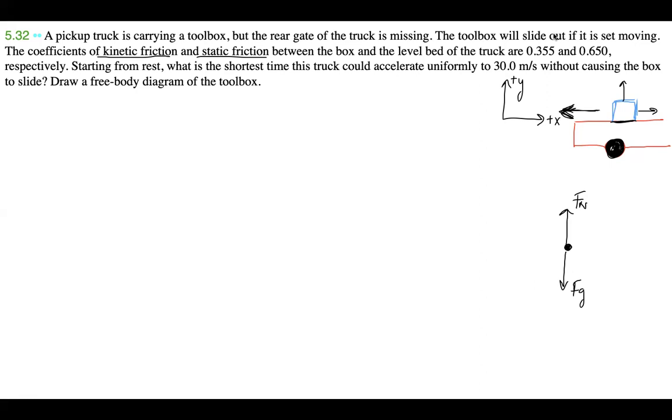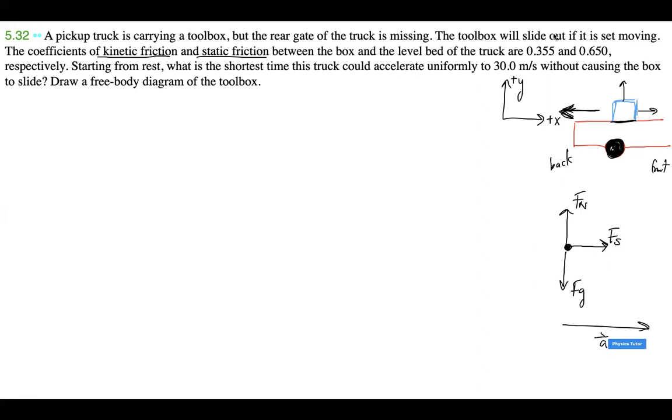So this is the force of static friction, and I'm going to write S here because that's static friction. That makes sense. Also, this is the back of the truck, which means that this is the front of the truck, and that means that the truck is accelerating this way, right?